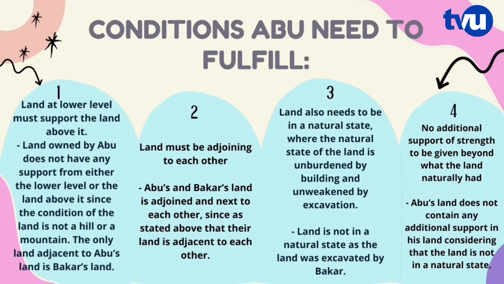The fourth or last condition that Abu needs to fulfill is that there is no additional support or strength to be given beyond what the land naturally had. To apply, Abu's land does not contain any additional support, considering the land is not in a natural state. By that, we have concluded which conditions have been fulfilled and not fulfilled by Abu.